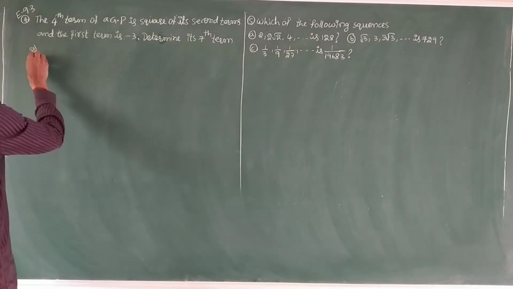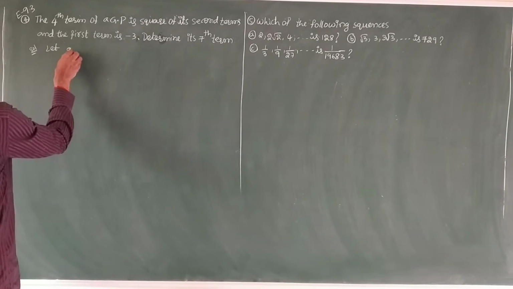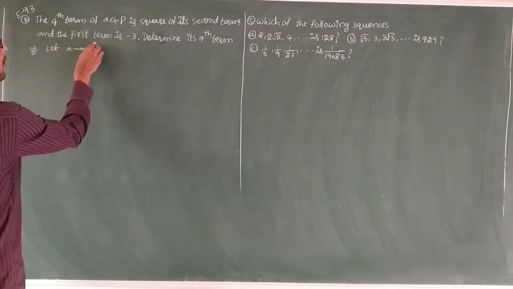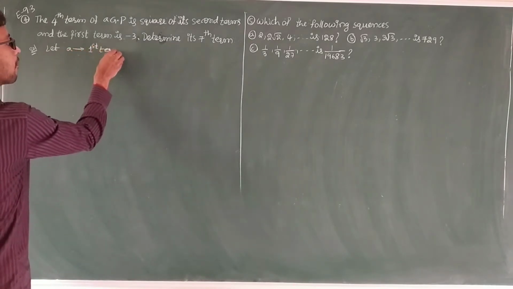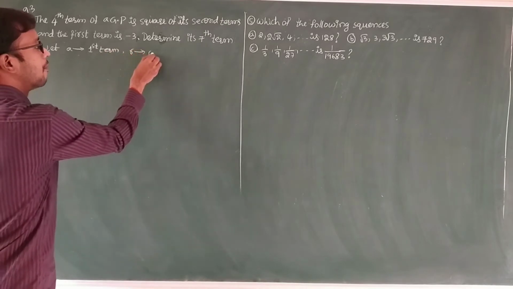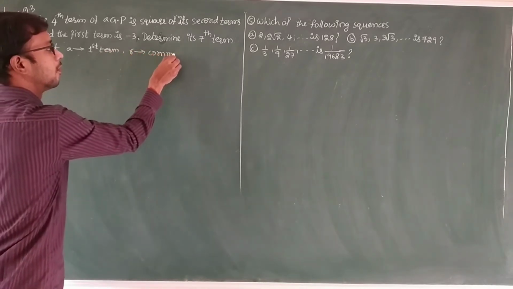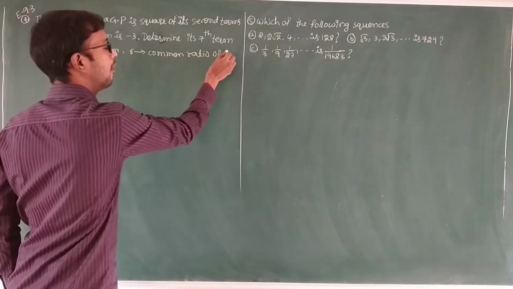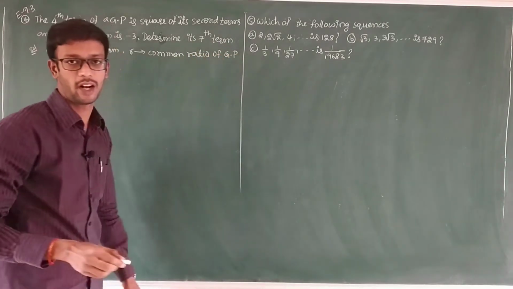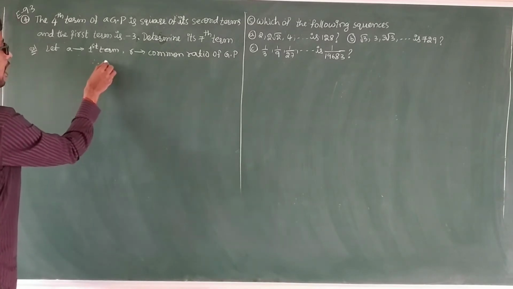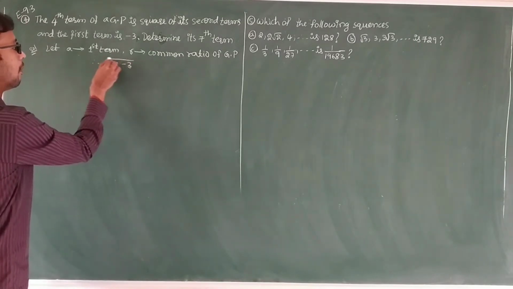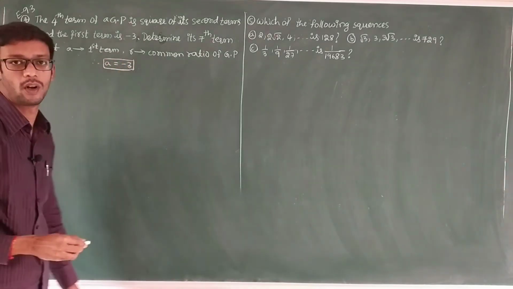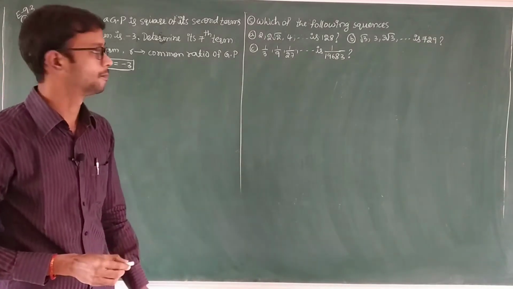Solution. First of all, let a be the first term and r the common ratio of the geometric progression. Therefore, here a is equal to -3.